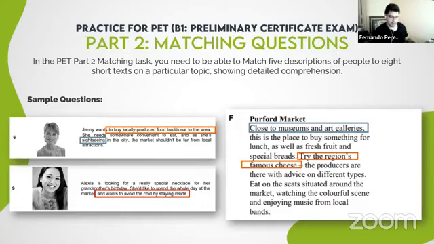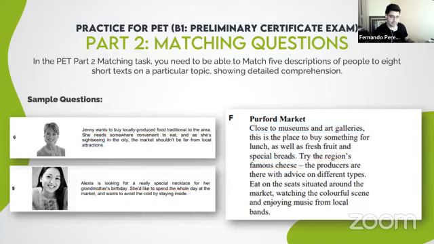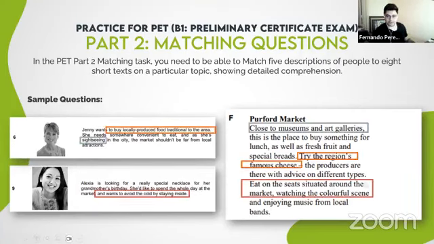Well, in the text of the Beaufort Market, it says that you can eat on the seats situated around the market, watching the colorful scene. This means that this is in the exterior of the market. That contradicts what Alexia needs. Therefore, she is going to a different place. The correct option is Jenny.